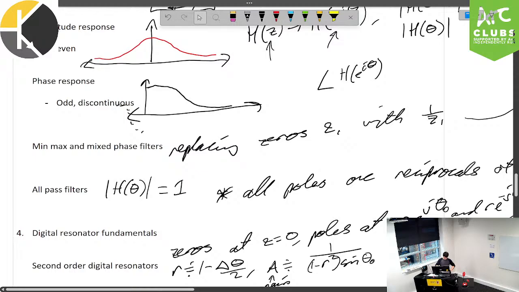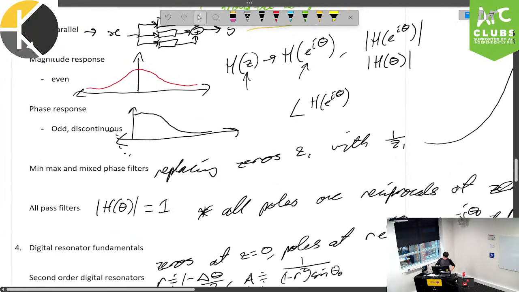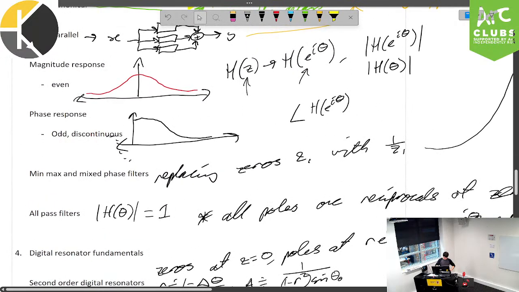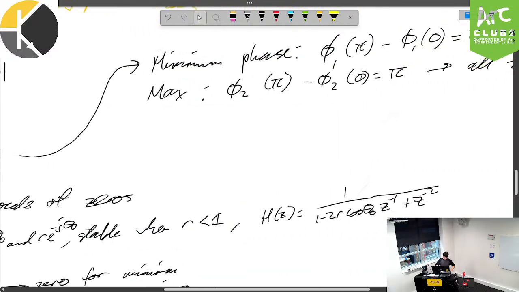Now we'll start talking about minimum, maximum, and mixed phase filters. So ideally, what you can do is replace all zeros that you have with the reciprocal, okay? And by replacing with the reciprocal, you don't actually impact the magnitude response at all, which can be very useful.